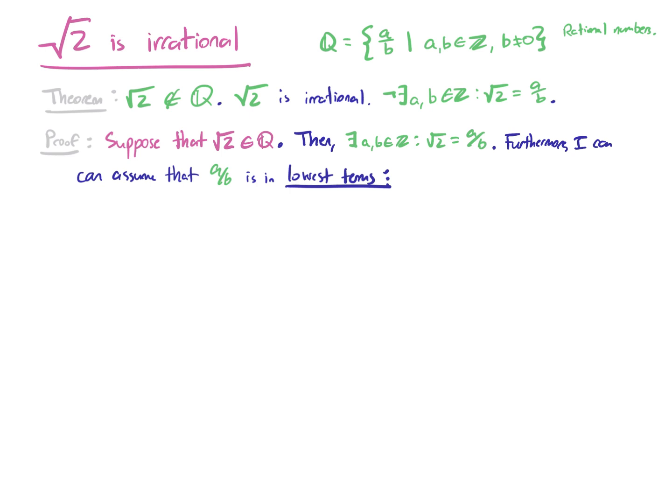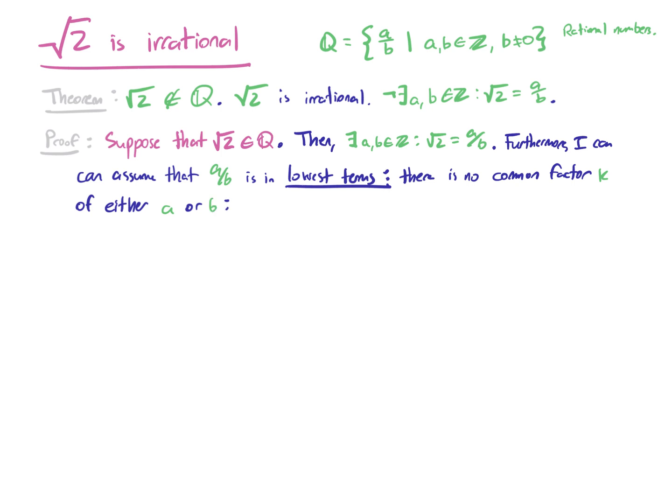And what I mean by lowest terms is that there is no common factor, that I'll call k, of either a or b.